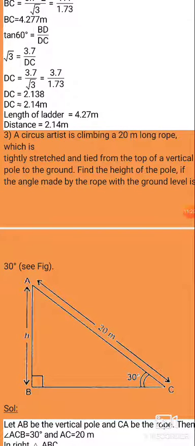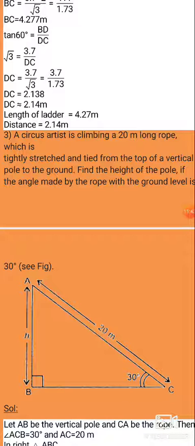Now listen carefully in this figure. Let AB be the height of that vertical pole. Then AC is equal to 20 meter, the length of the rope is given. What we need to find out is the height of that pole.